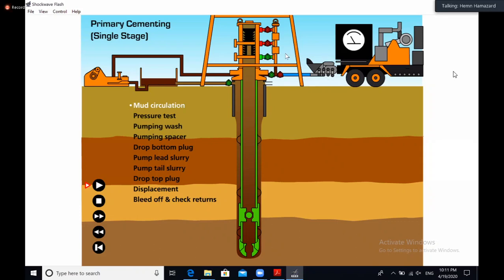Before you do any cement job, you make some circulation, which means you pump some mud, sometimes one volume of the casing or 1.5 volumes. Sometimes you circulate for about 1 hour just to clean the hole for casing and condition the mud, and then it's time to pressure test your cement unit.